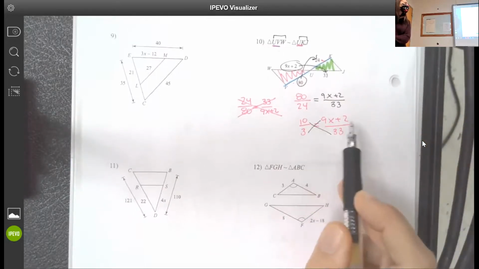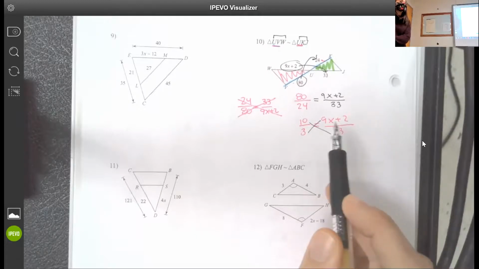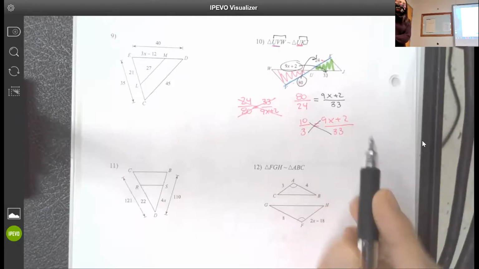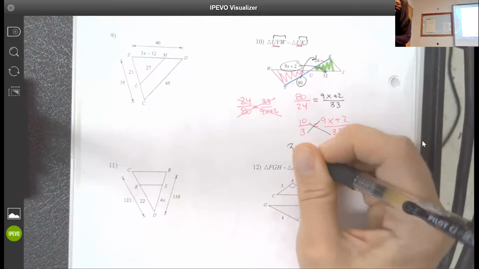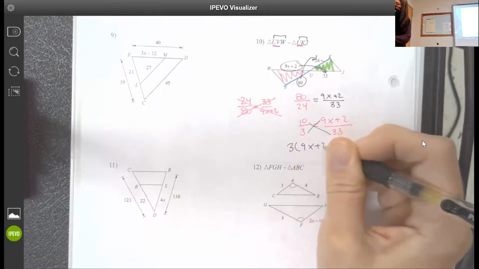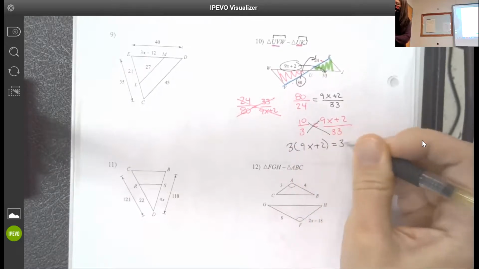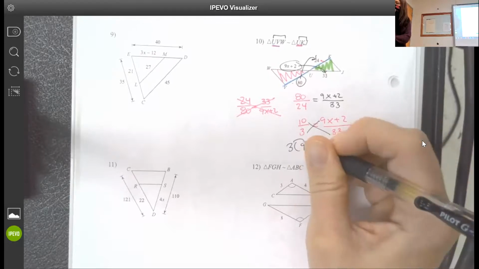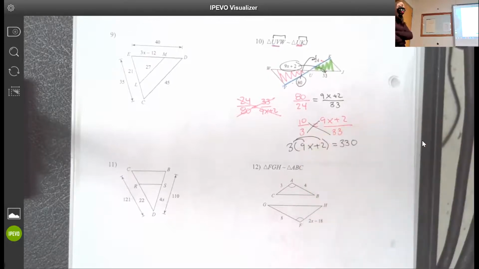With this 9x plus 2, I need to make sure I put it in parentheses. So I have 3 times 9x plus 2 equals 330. Making sure we distribute. When we have those multiple terms, that's why we have those parentheses, right? It's reminding us that that 3 has to multiply the whole shebang.